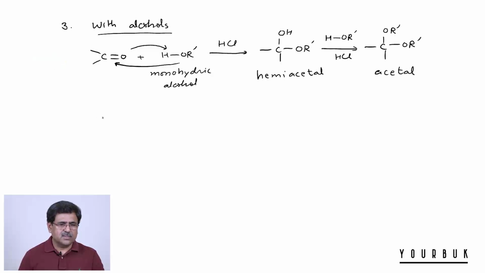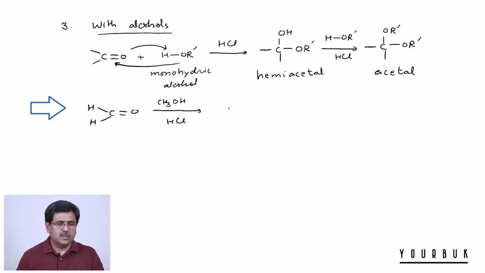Now the first example is this. This is our formaldehyde. On reaction with methyl alcohol, in the presence of HCl, it gives a hemiacetal, which on further reaction with the same alcohol, methyl alcohol, same catalyst, hydrogen chloride, gives acetal.